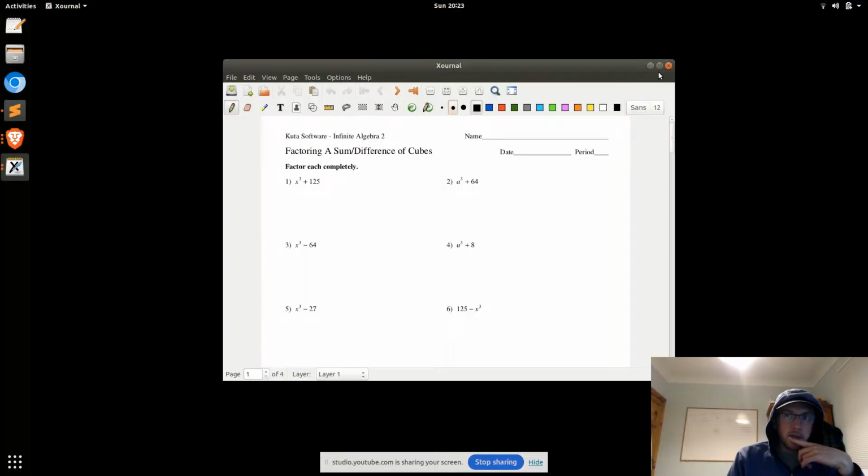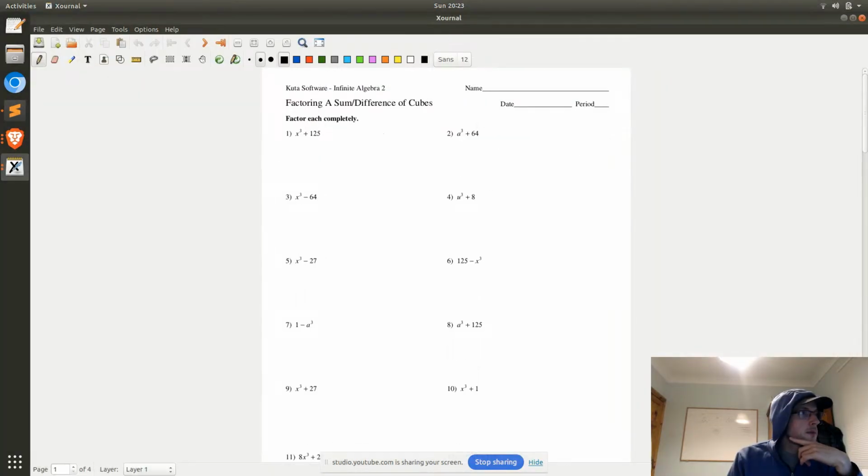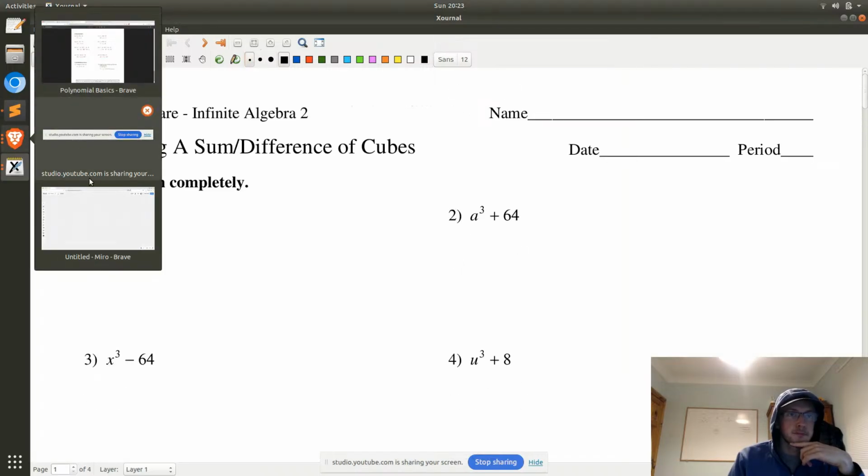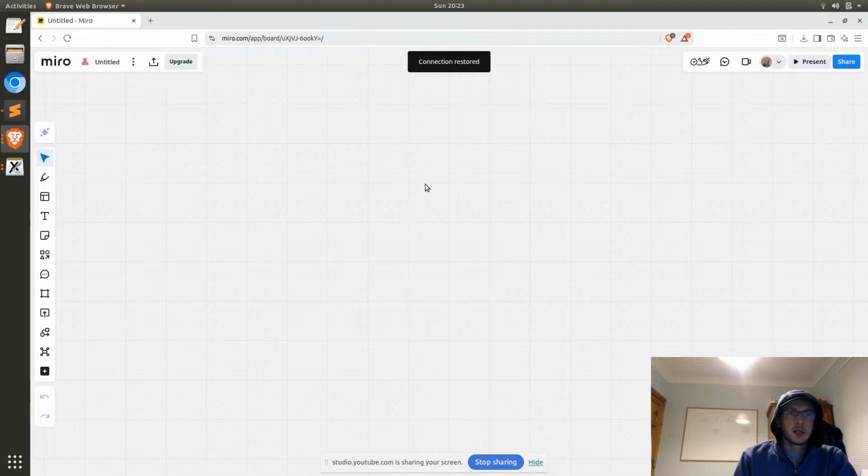Okay, a sum and a difference of cubes will come next. But what is there to understand about this? What is there to know in order to do this successfully? Some identities.